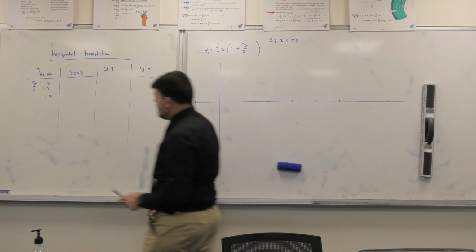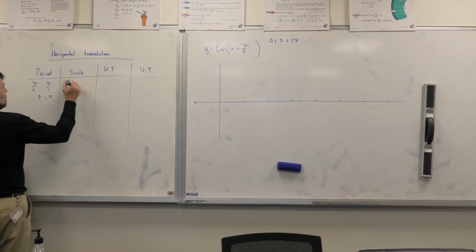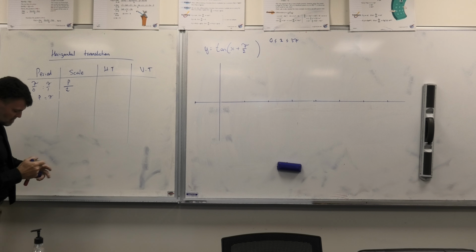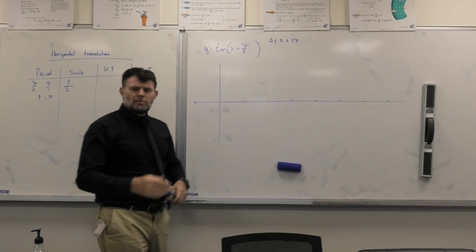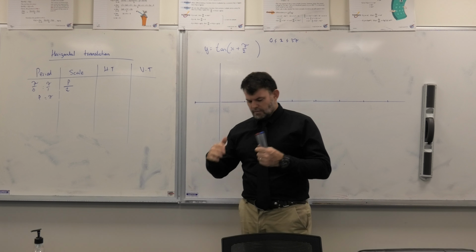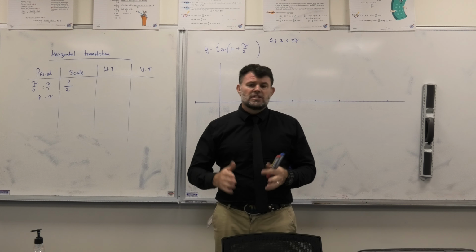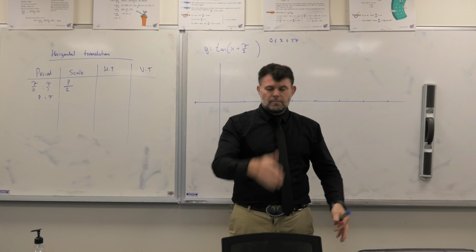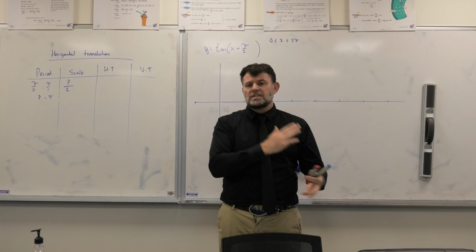To find the scale, we do period divided by 2. And the reason why I say divide by 2 is because when we looked at the graph last time, it just changed horizontal asymptote, x-intercept, horizontal asymptote, x-intercept. So there's basically just 2 things that are changing.